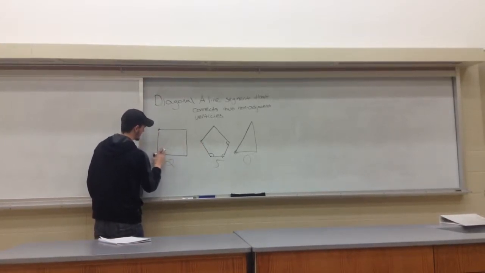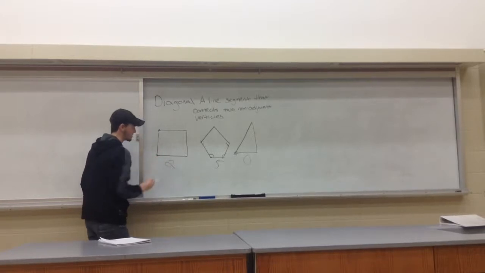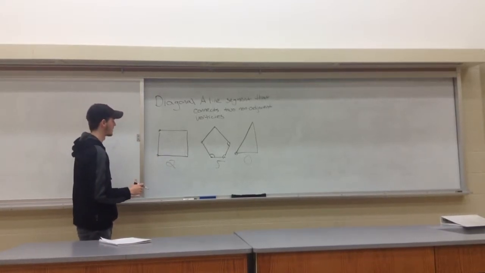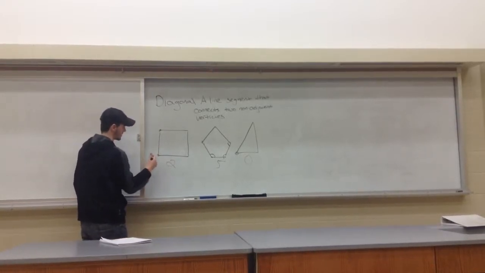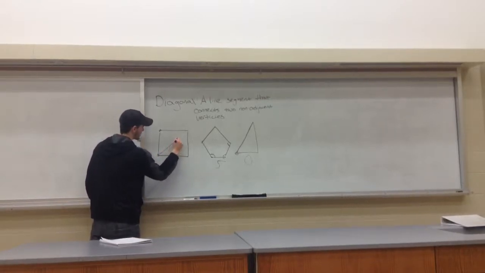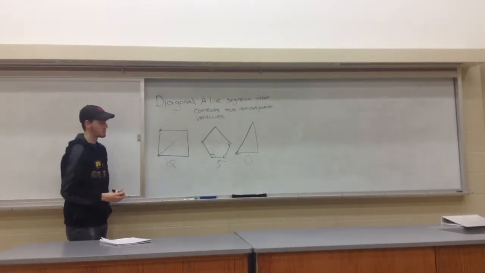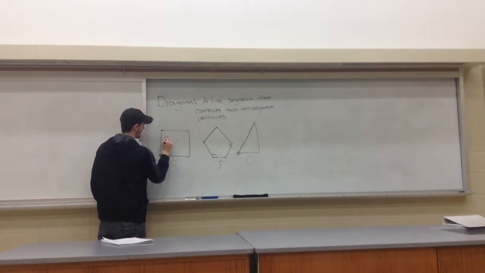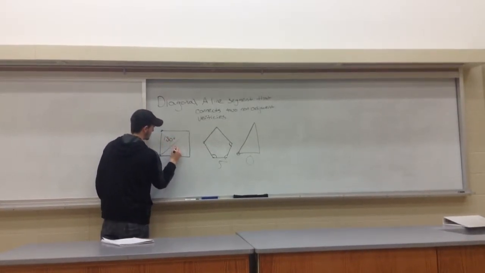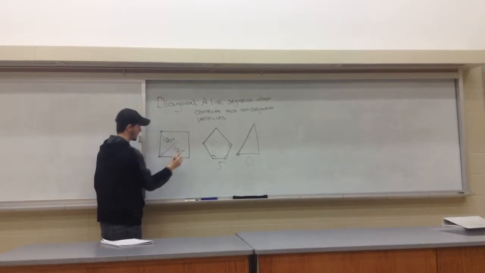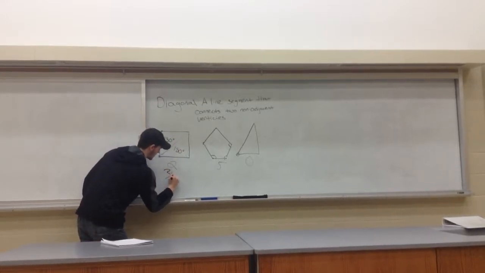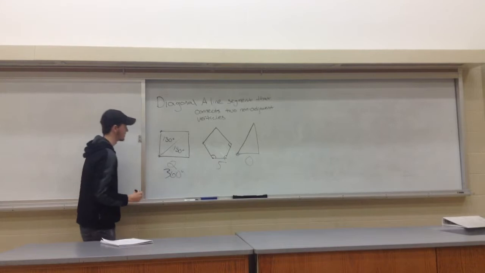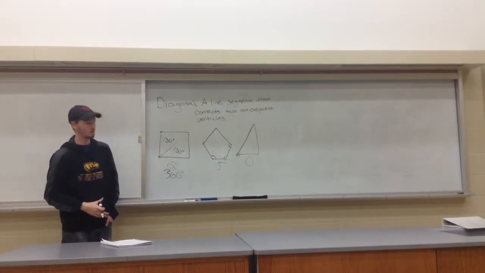So we'll take the square again, for example. If we use diagonals to figure out the interior angle sum, we draw one diagonal across. Now we've made 2 triangles, and we know that each triangle has 180 degrees, and 2 of them equal the 360 degrees, which is the sum of the interior angles.